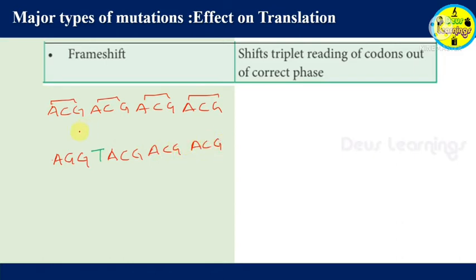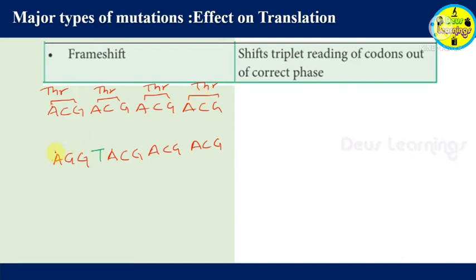Okay, so ACG codes for an amino acid called threonine, and you know that the reading system is triple triple.